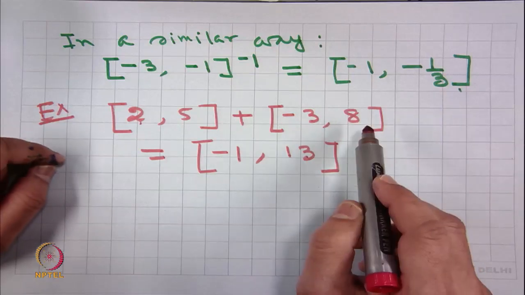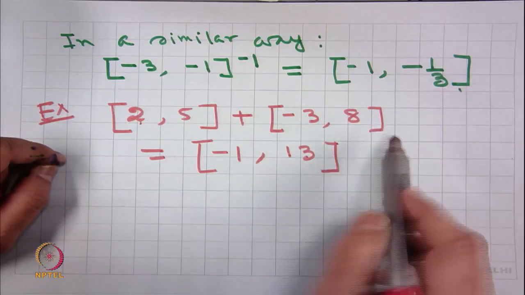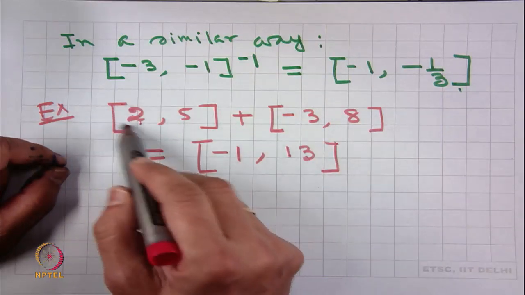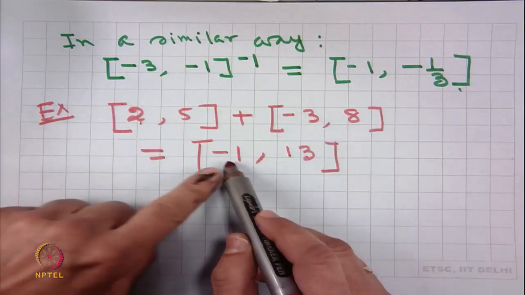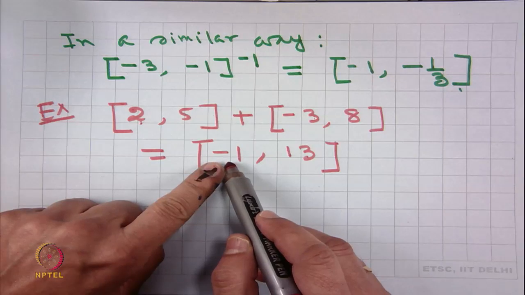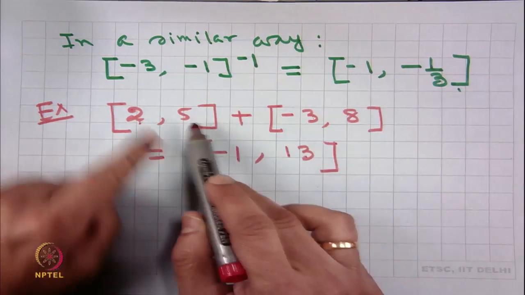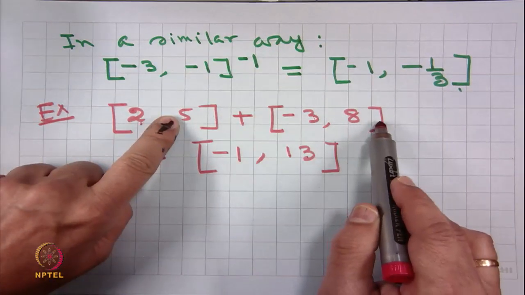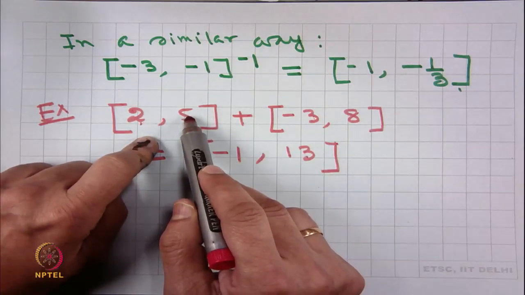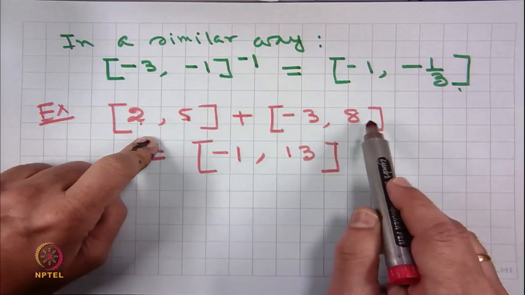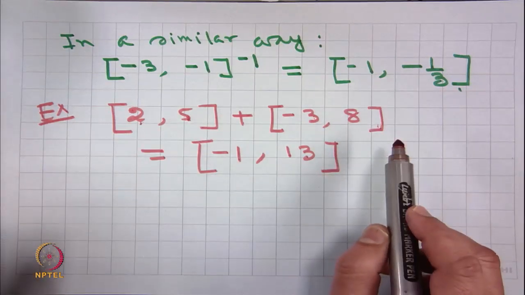What is going to be the smallest value for that one? The smallest value comes when I take the smallest one here and the smallest one here, and their addition gives me minus 1. In a similar way, the largest value of the sum is going to be the sum of the largest value of this interval and the largest value of the second interval.